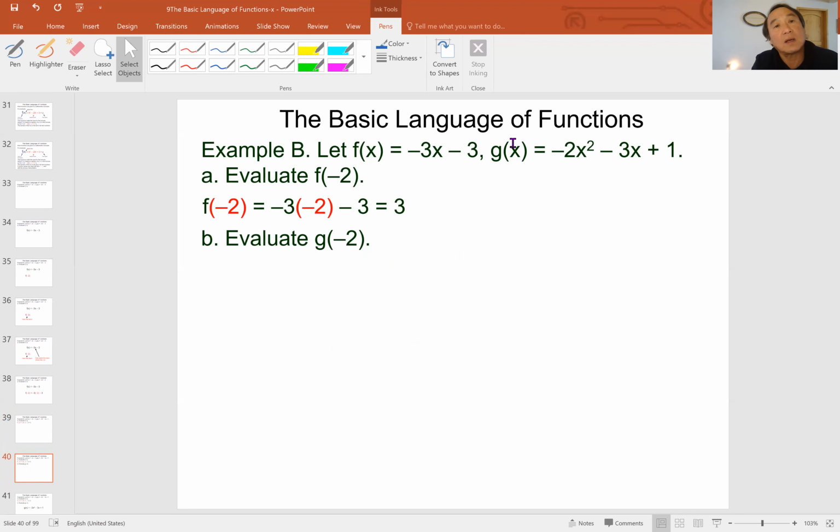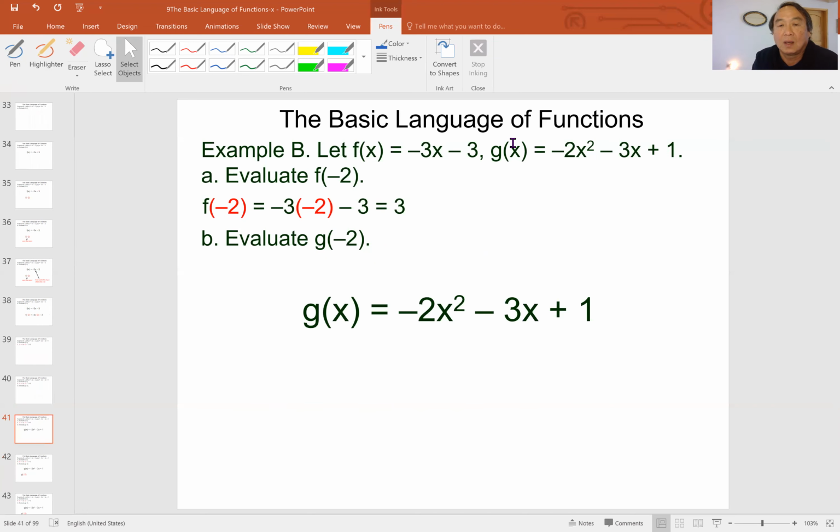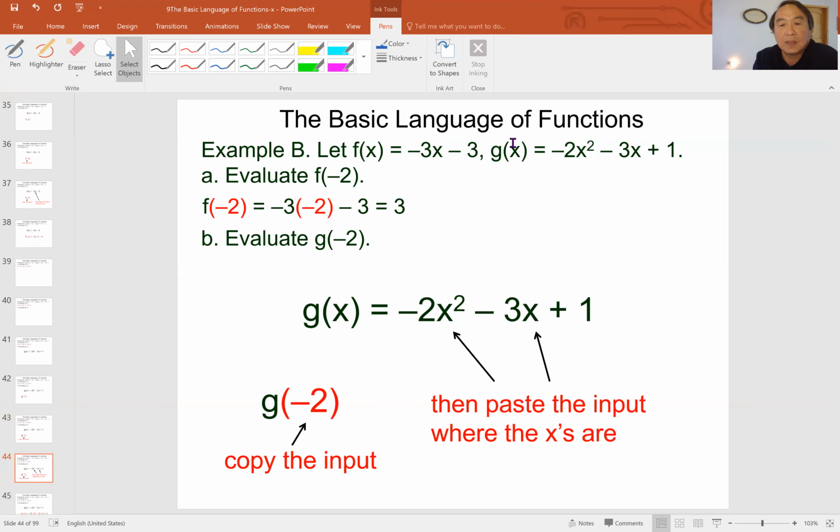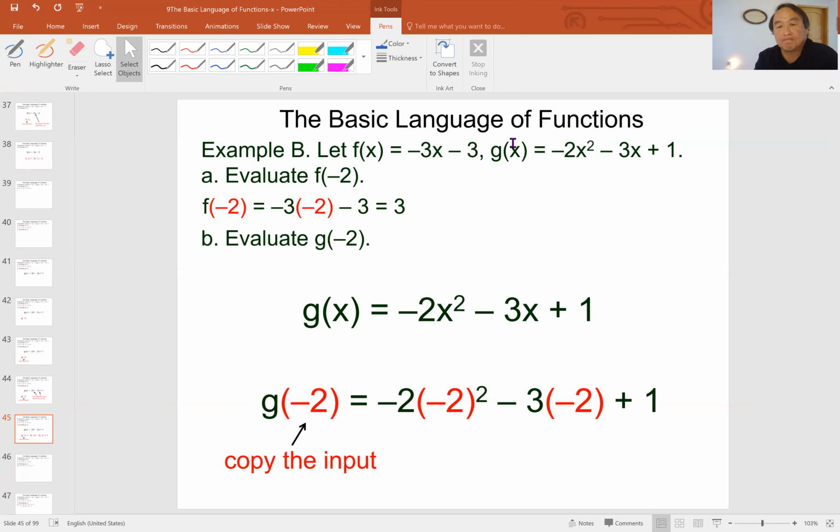g of -2. Now you have to find the formula g on the page, and that's the other one. So you copy the -2, copy and paste, and copy and paste. And it becomes that. Be extra careful with the exponent. The exponent is not part of it. It doesn't go inside.